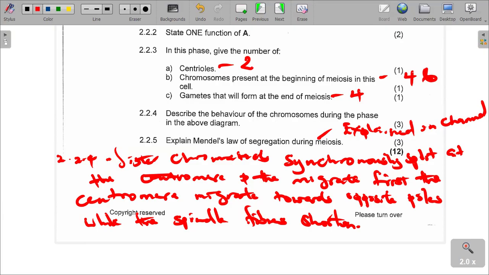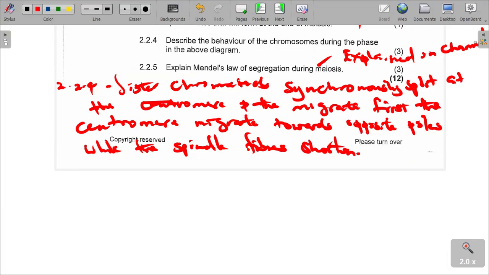So what we need to understand for question 2.2.5, class, is that each pair of alleles separate during gamete formation.